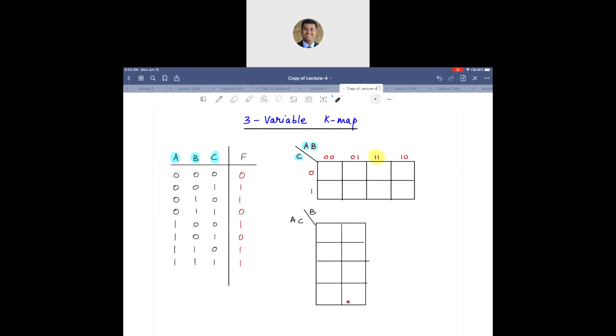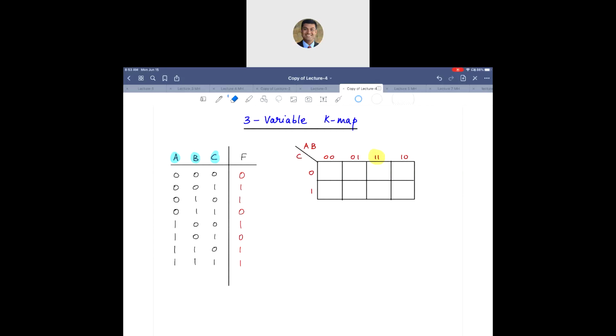But that pattern is not possible with an arrangement like this. It would take me a lot of time to fill out the cells in the vertical K-map that is shown at the bottom, so I'm not going to use this for now. But I want to let you know that you could use it if you wanted to. Now let me show you the pattern that I was referring to.